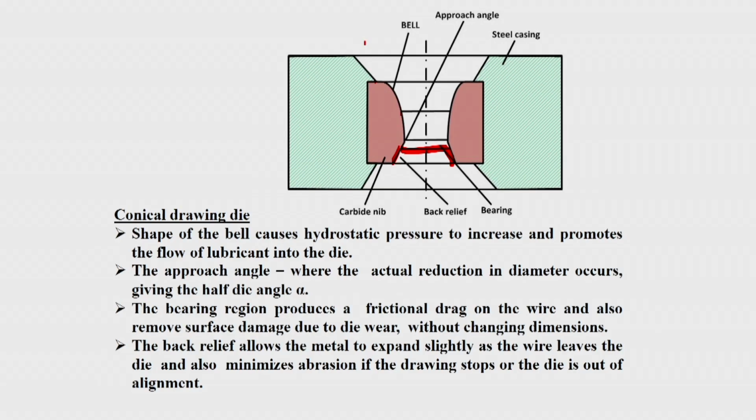To avoid that, you have this divergent type of region. It minimizes abrasion if the drawing stops or the die is out of alignment, so you can easily take it out and push it back. That is why this back relief is there.